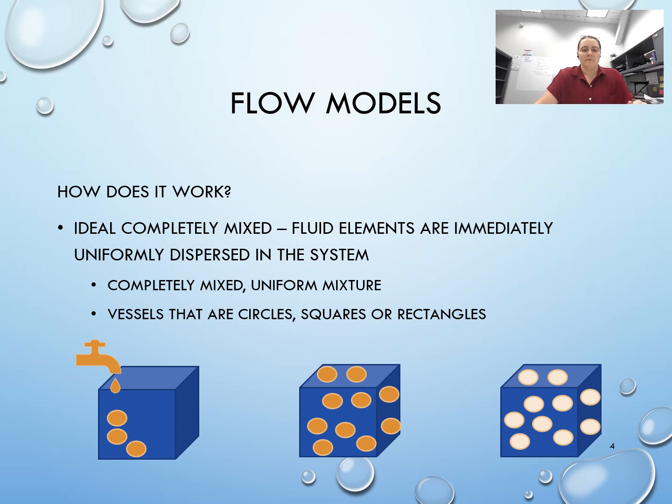So what you'll see at the bottom is you'll see this little faucet that's dribbling water in. And over time, as you move towards the right, you're going to see that almost immediately that's going to be uniformly distributed throughout the vessel. And then over time, the concentration of whatever that is going to disperse because it's most likely going to leave the vessel as well. So this is ideal completely mixed flow.